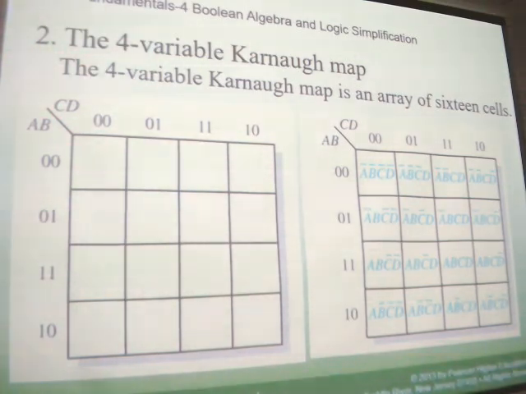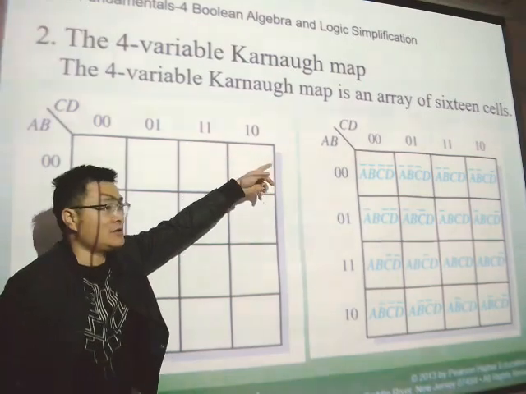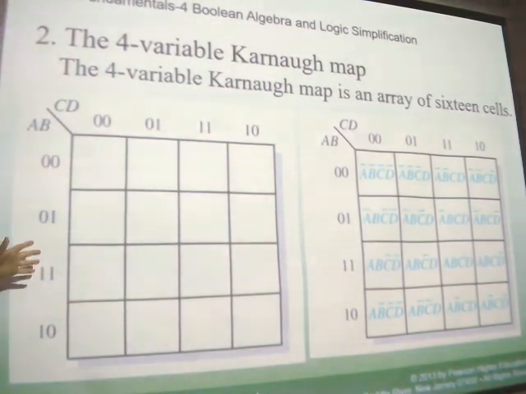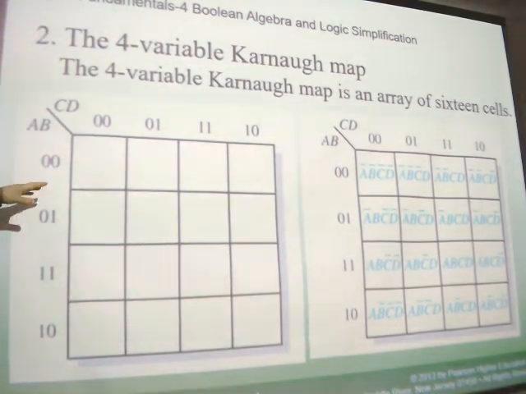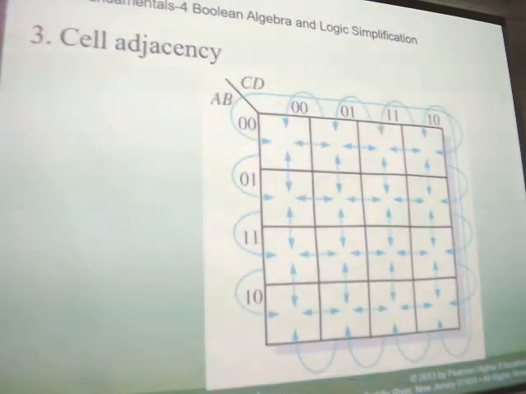Also, we must remember that the order is 00, 01, 11, 10, for both the rows and the columns, to make sure every adjacent cell is nearby and only has 1 bit difference. Now, cell adjacency.